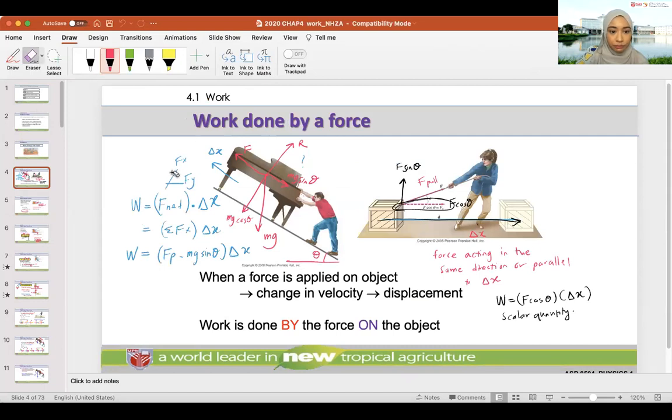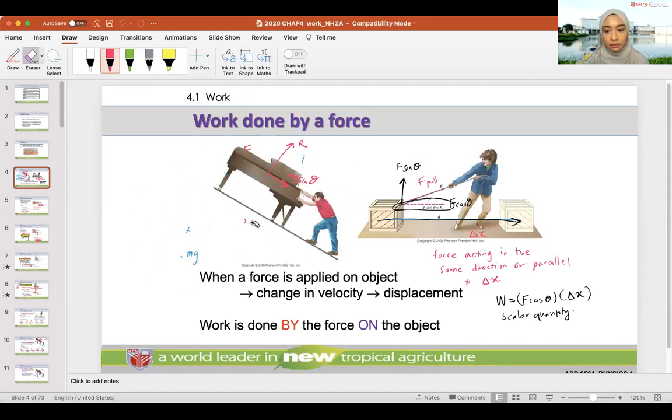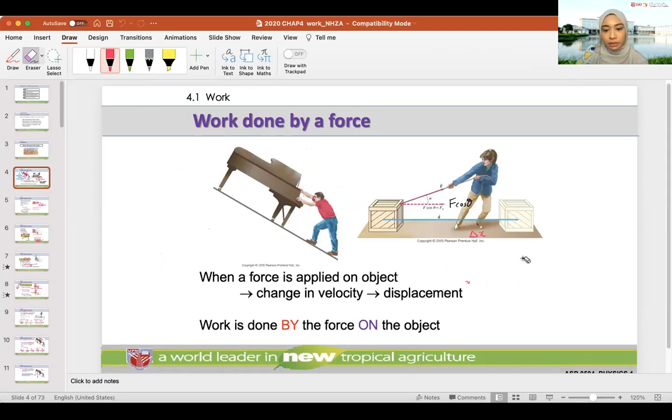Okay, so this is work done by a force. Okay, so when force is applied on an object, we know that when we have force, we have acceleration, right? This is equal to the change in velocity or acceleration.